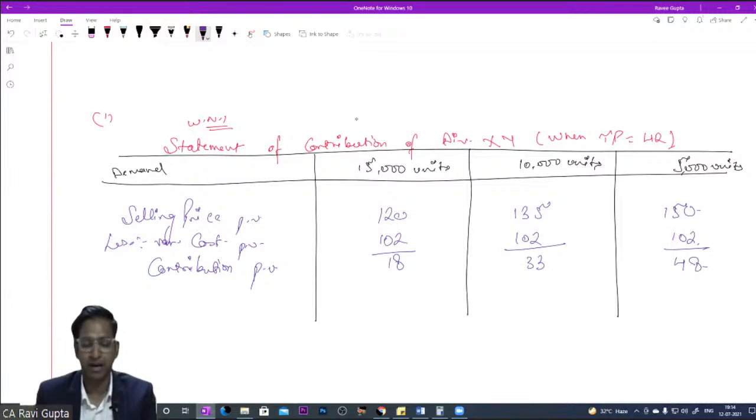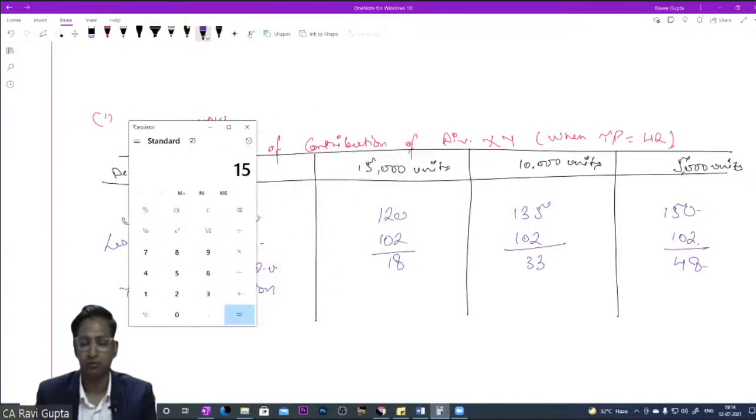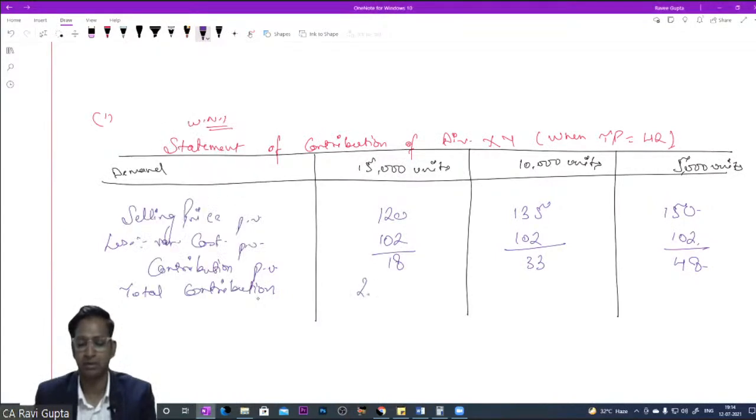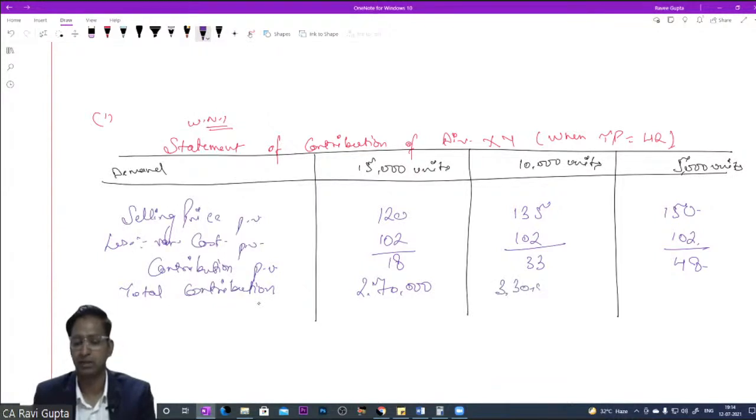Multiplied by the number of units, the total contribution will be 15,000 into 18 rupees, which is 2,70,000. 33 rupees into 10,000 will be 3,30,000.